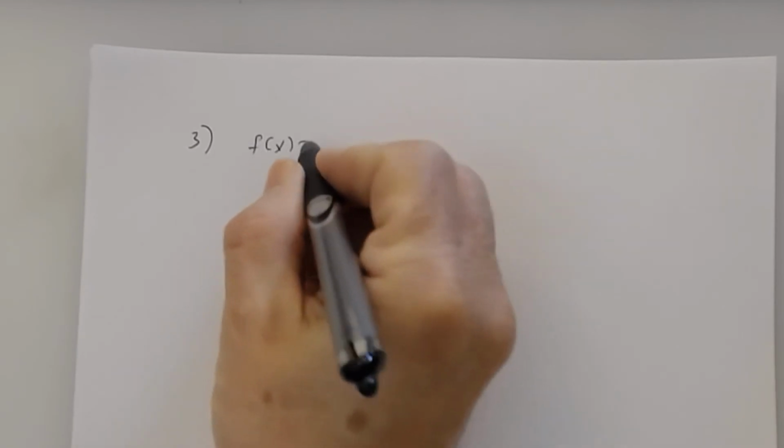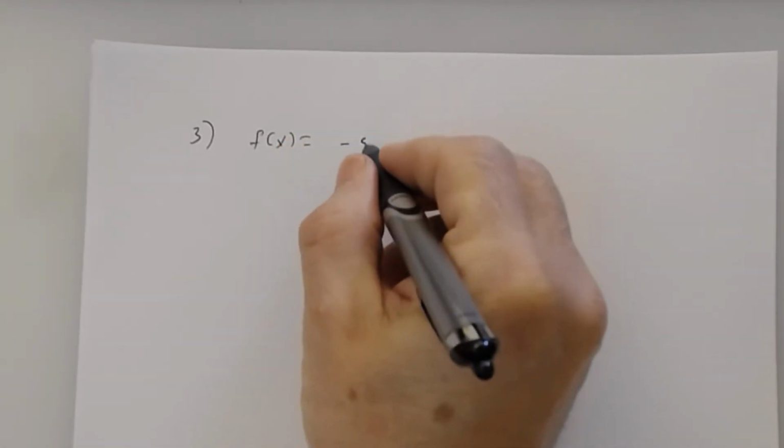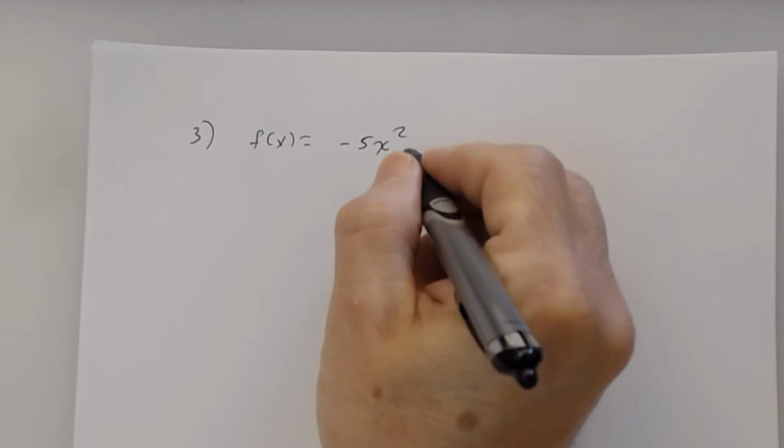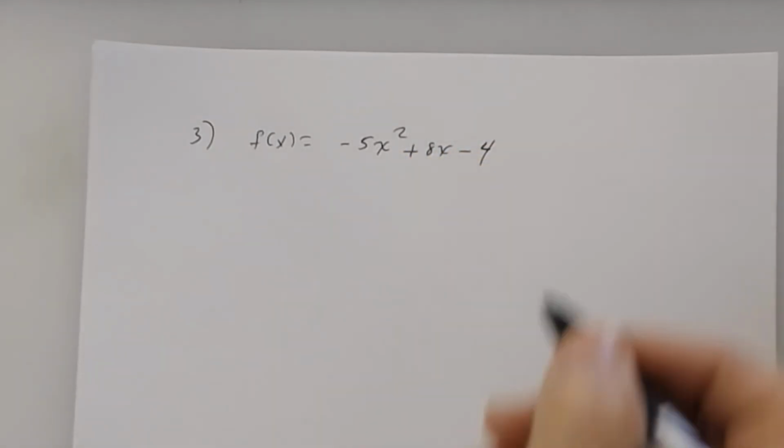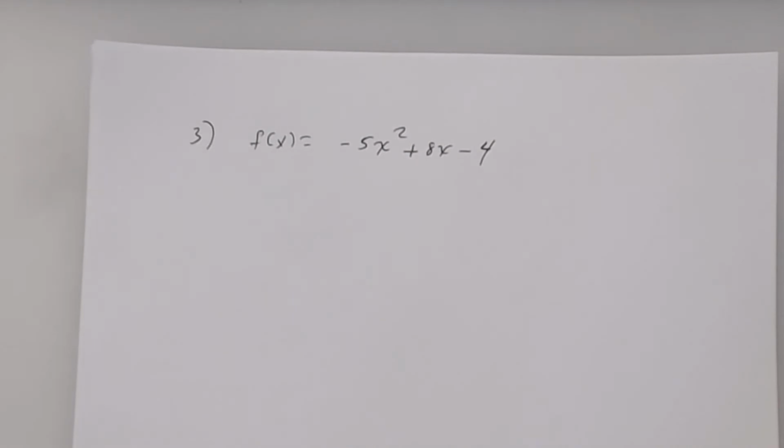F of x is negative 5x squared plus 8x minus 4. And directions to say find the difference quotient. That's all it's going to say. I'll give you the formula, but it'll be written in terms of f. And this function is named f of x.